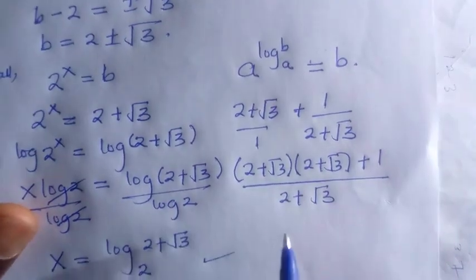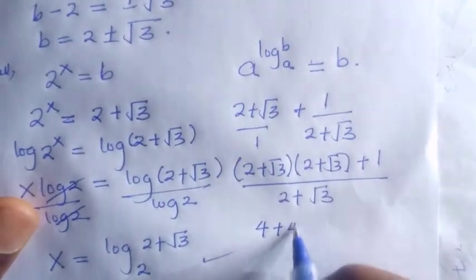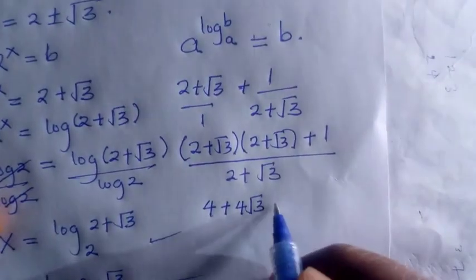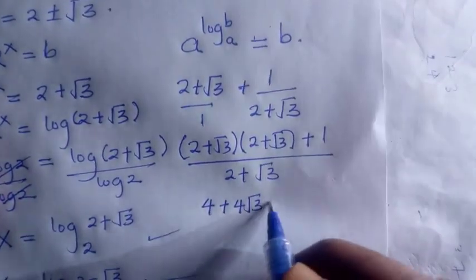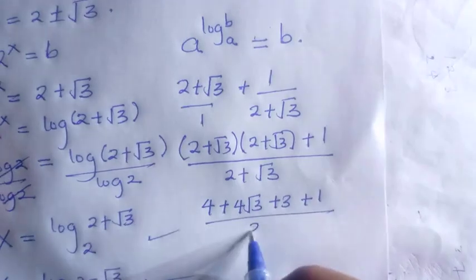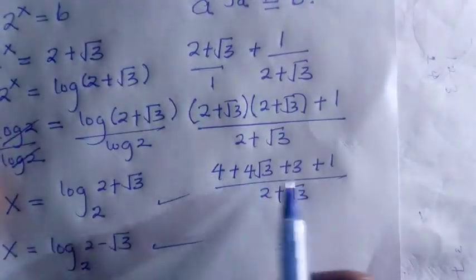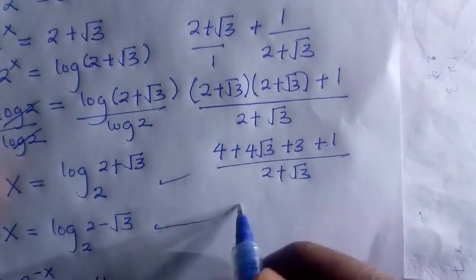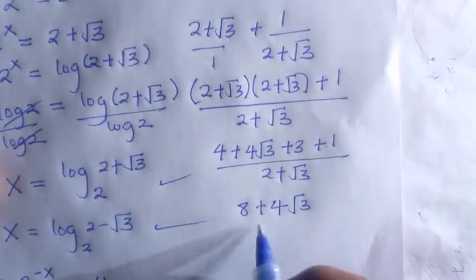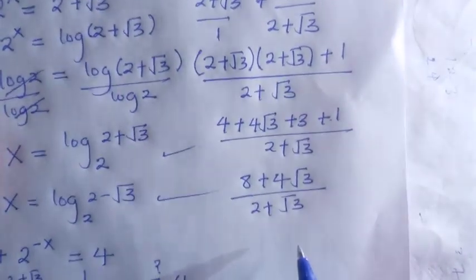The expansion of the first part gives us 4 plus 4 root 3, and we have this as plus 3, then plus 1, divided by 2 plus root 3. So adding them, that gives us 8 plus 4 root 3 divided by 2 plus root 3.